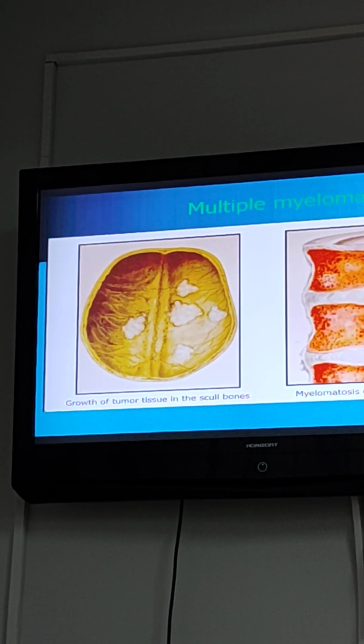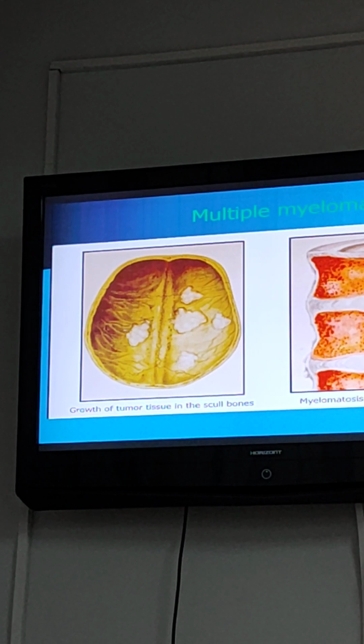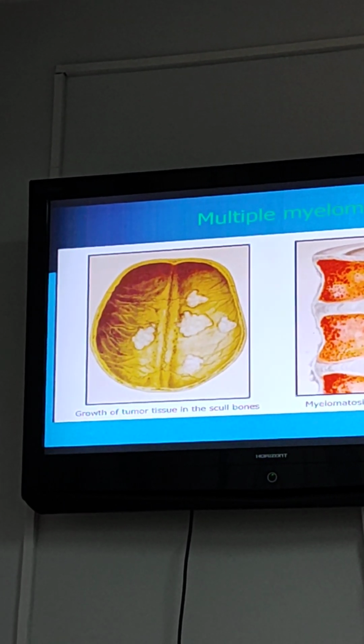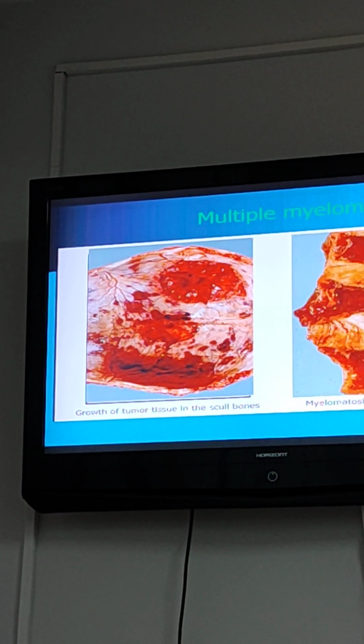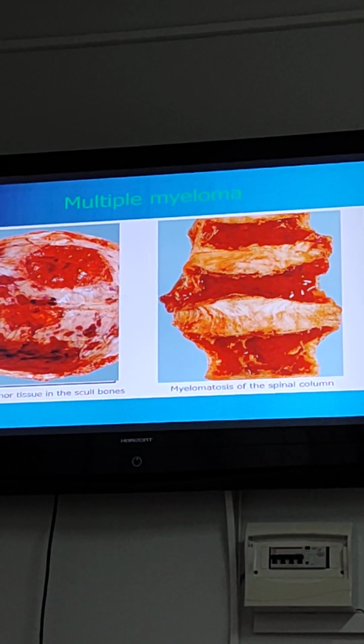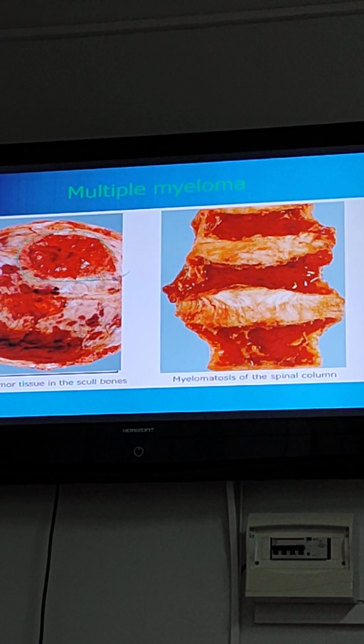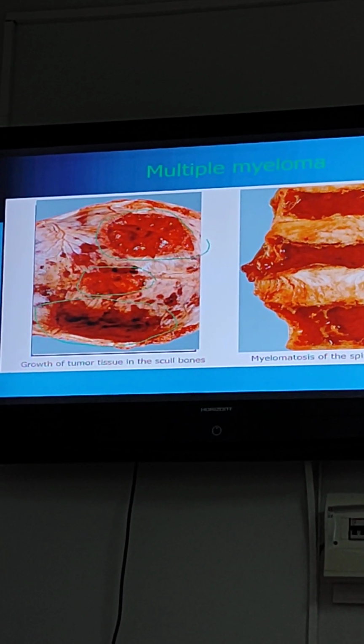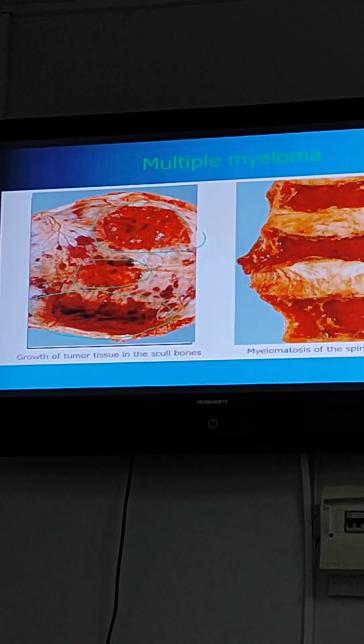Due to lysis, empty places can be found in the bones, filled with tumor mass. In this photo, the skull bone is destroyed and a reddish jelly mass fills the field.